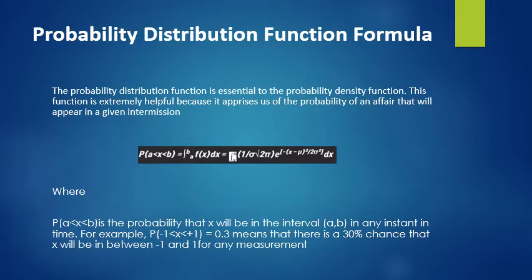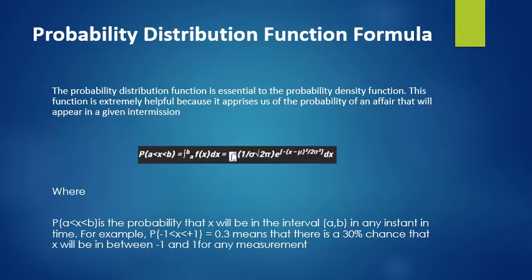P of a less than x less than b is equal to the integral from a to b of f of x dx, is equal to the integral from b to a of 1 by sigma root 2 pi e power minus (x minus mu) whole square by 2 sigma square dx, where P of a less than x less than b is the probability that x will be in the interval a b at any instant of time.